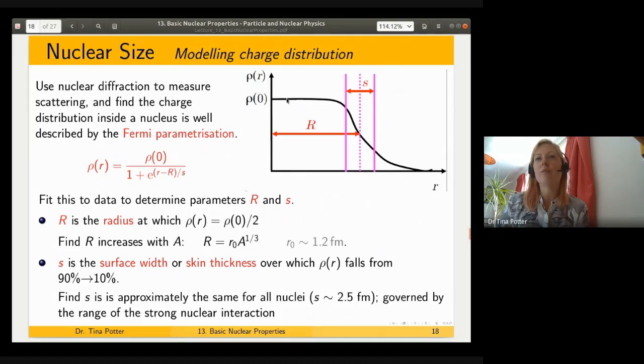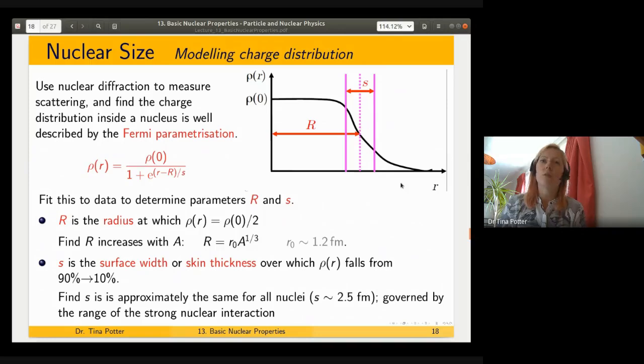We have pretty much a level charge distribution until we get to some particular radius where it starts to drop off. So this is a very good example of Fermi parameterization here. So we've got just some standard charge distribution here before it drops off.